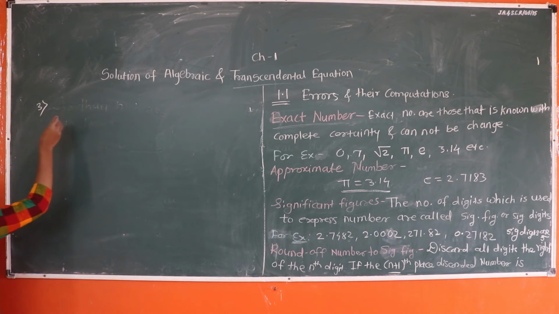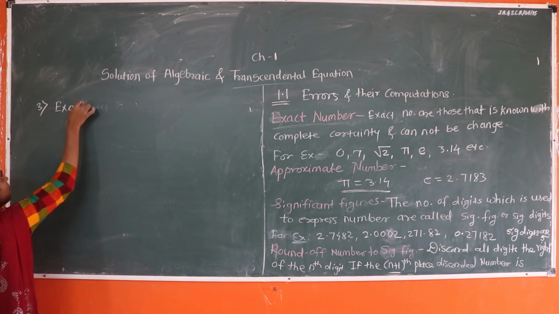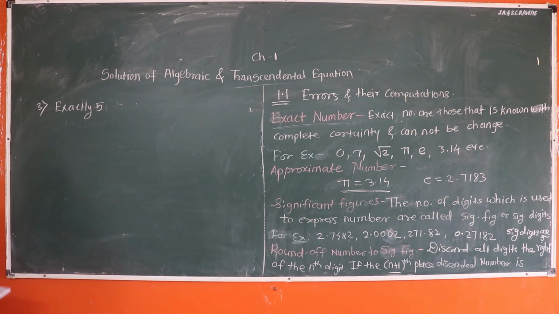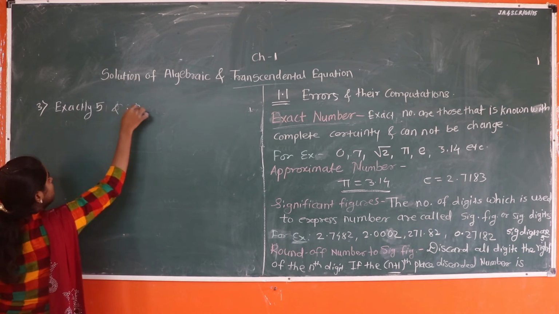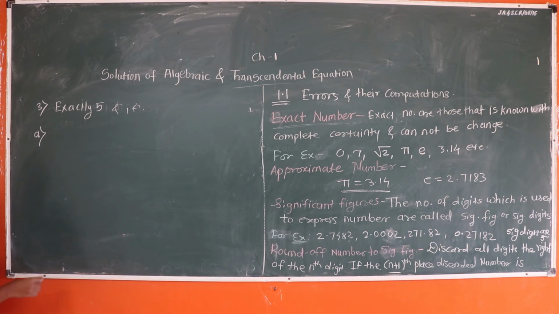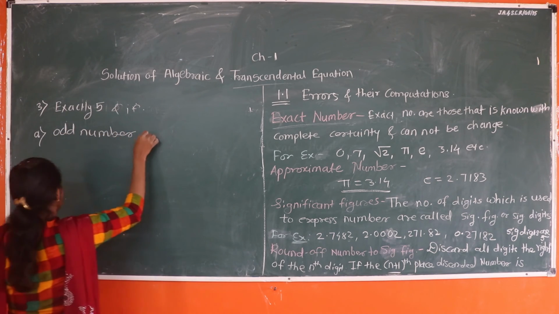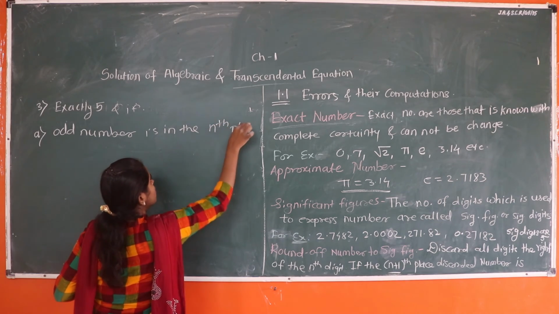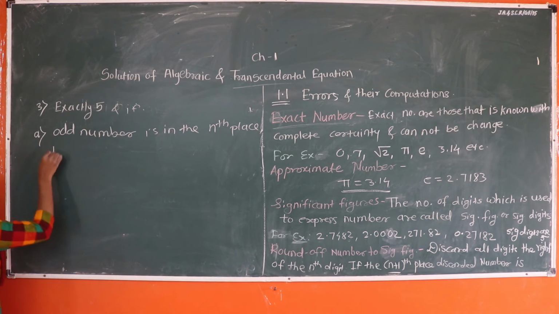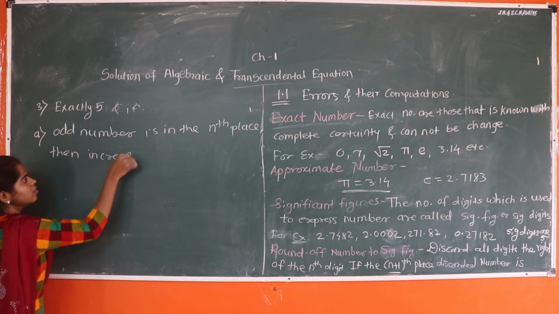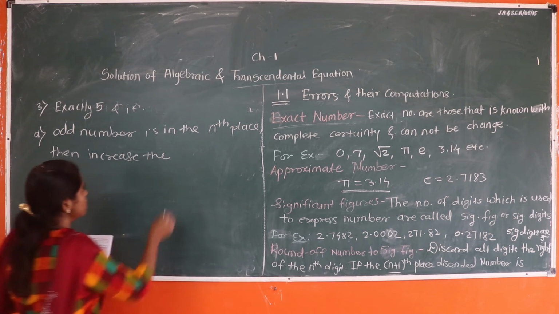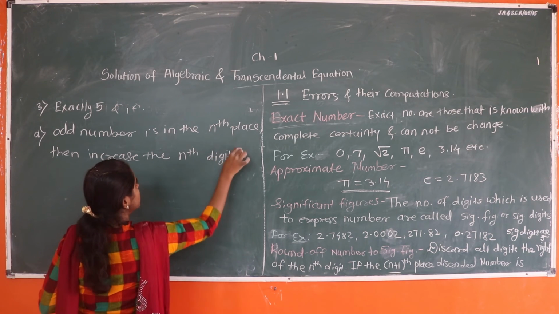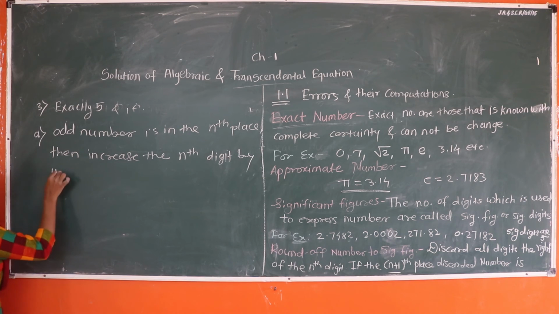Now we see the third condition: if it is exactly 5, and if the digit in the nth place is an odd number, then increase the nth digit by unity.